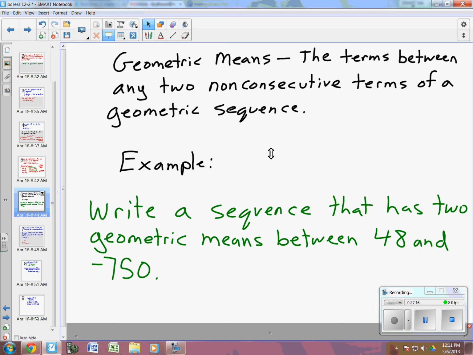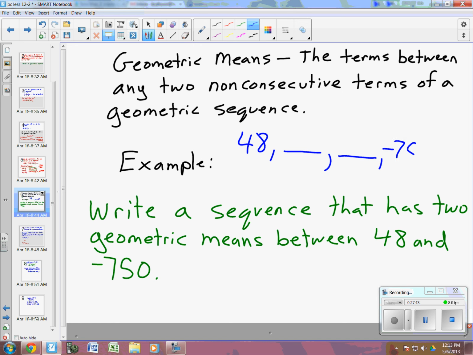Are you guys all still writing? I'm going to pause this for a sec. If I write this out, how many terms are in my sequence? 4 terms. What's my first term? 48. What's my second term? We don't know, blank. My third term? Blank. My fourth term? Negative 750.